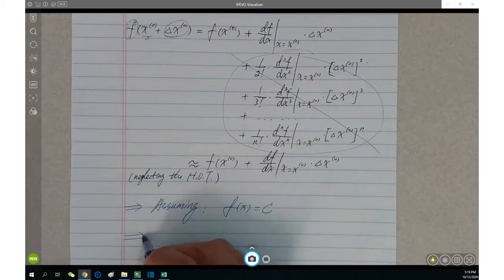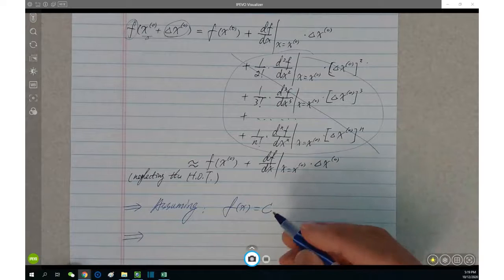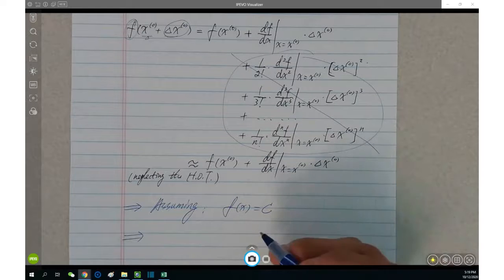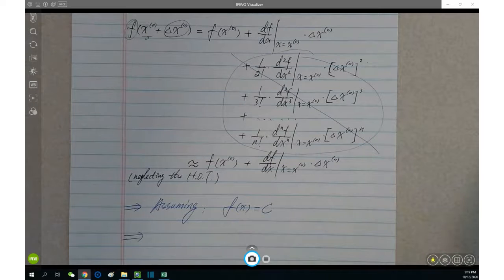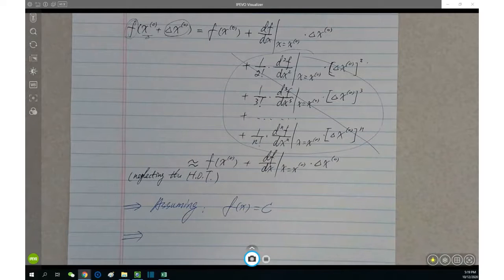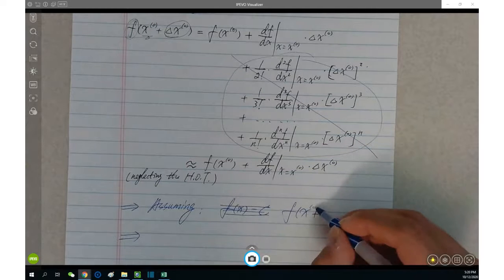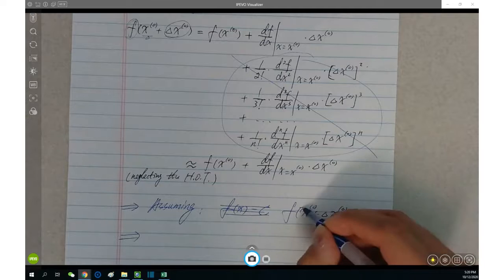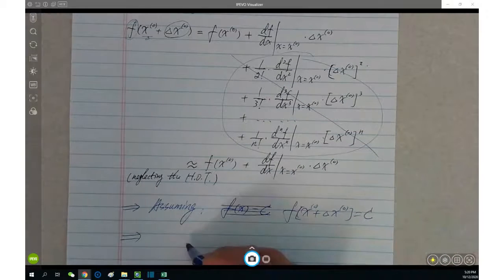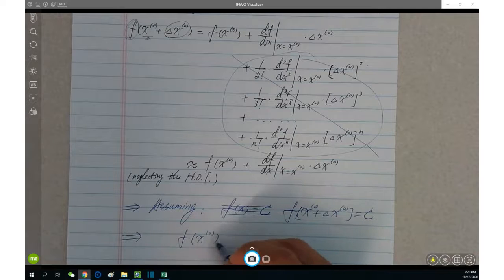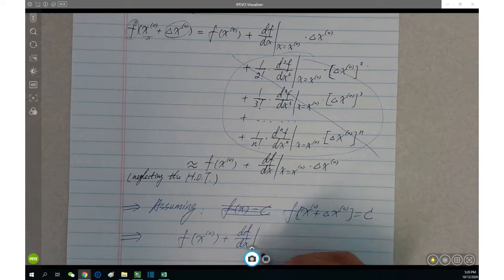Based on the Taylor series, it equals f of x of 0 plus the derivative at x of 0 times delta x of 0 equals c.